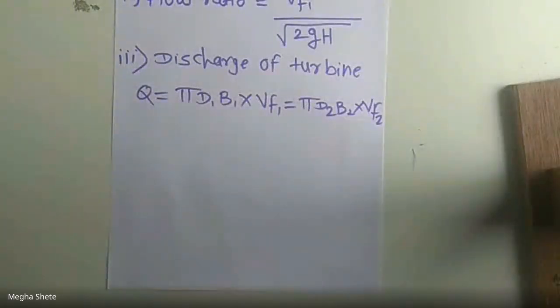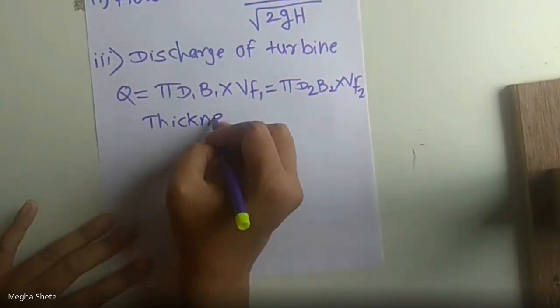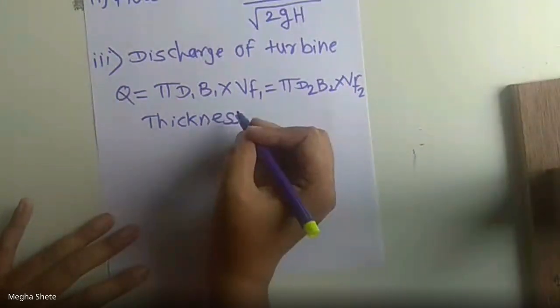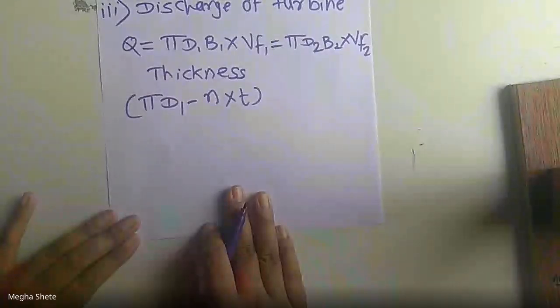Then the area through which flow takes place, if we consider the thickness of the vanes, is given by pi D1 minus n into t, where n is the number of vanes on the runner and small t is the thickness of each vane.